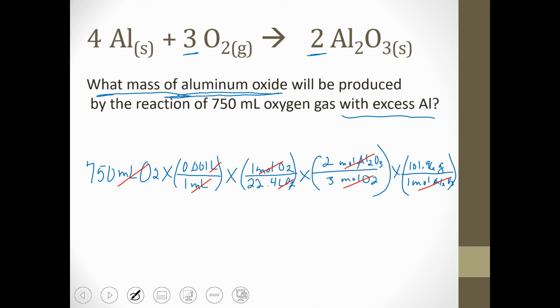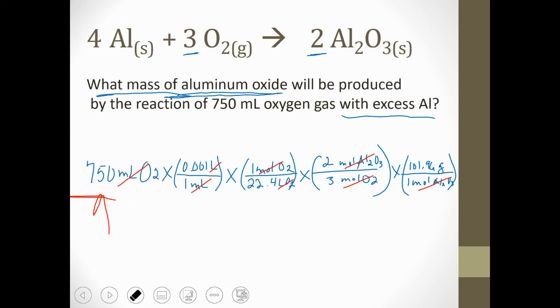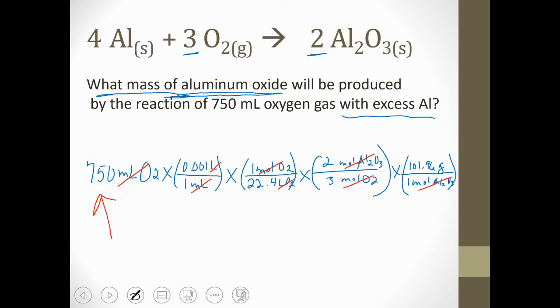So I have to take 750 times 0.001, divide by the 22.4, times by 2, divide by 3, times by 101.96. This time, if you look back here, the number that I started with only has 2 sig figs.